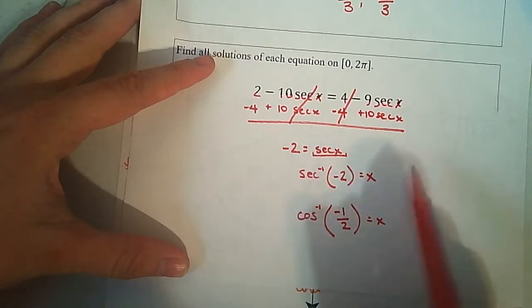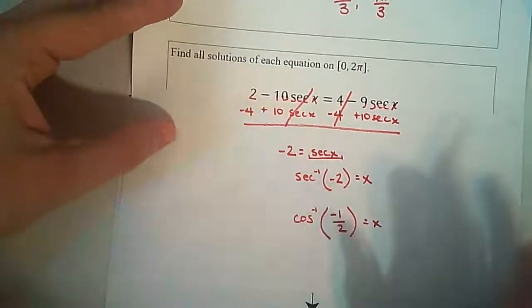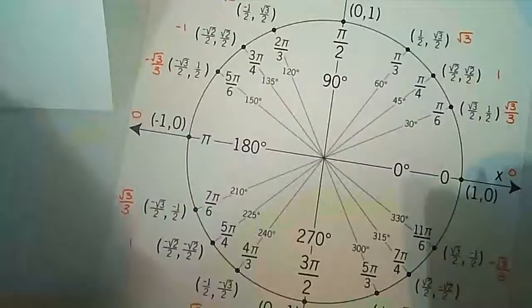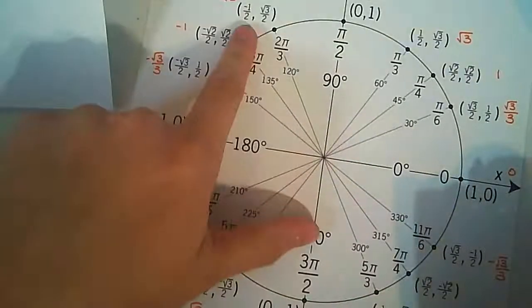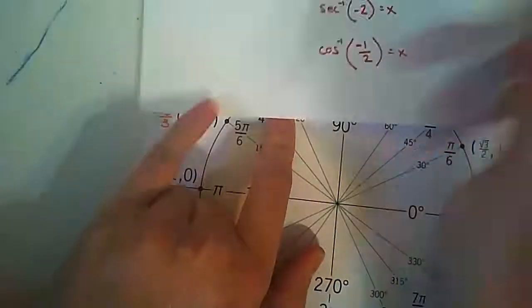So look for the reciprocal function. So cosine, remember cosine is our x values. So I need to find all of the angles where x is negative 1/2. And it looks like we are at right here. So 2 pi over 3 would be a solution.